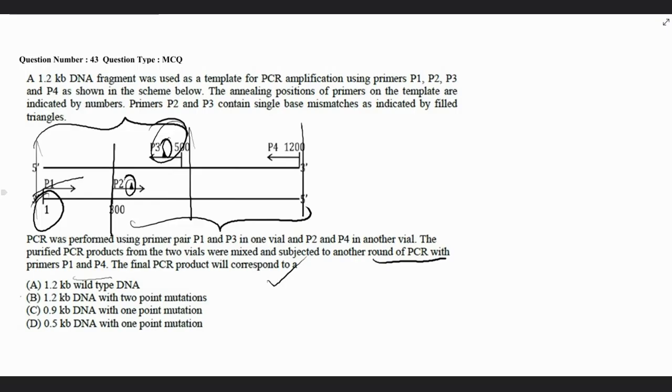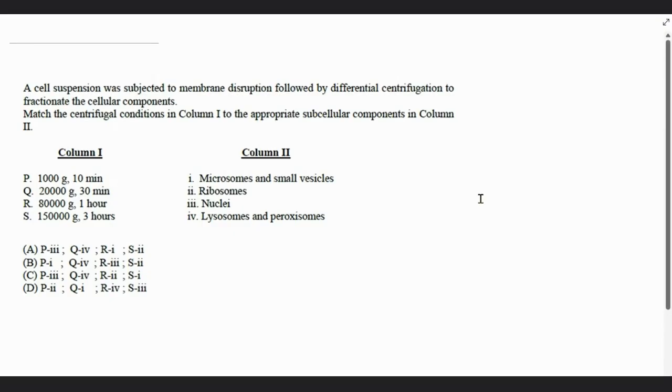So in that case, you will have a 1.2 kilobase pair DNA with 2 point mutations, because the original DNA fragment is 1.2 kilobase pair, and however the amplified products already have 2 point mutations, and hence you will have the complete amplification of this entire DNA fragment with 2 point mutations, because there's already an overlapping sequence. So they will anneal, and then you will have the PCR reaction for the entire 1.2 kb DNA fragment, but with 2 point mutations. So that's a pretty simple question. Moving on to the next question.